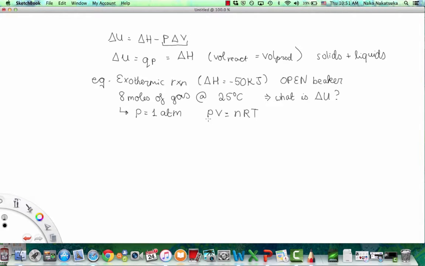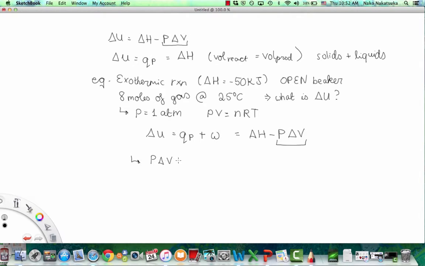So first of all, let's write out the key equation. Delta U is Q at constant pressure plus work. And remember, we rewrote this as delta H minus P delta V. So we can find out this part of the equation by rearranging PV equals nRT. So let me show you that right here.